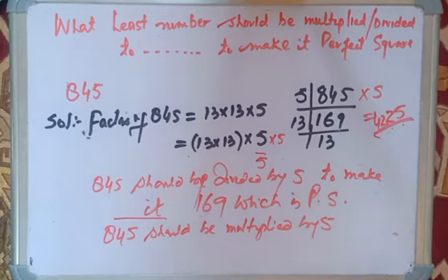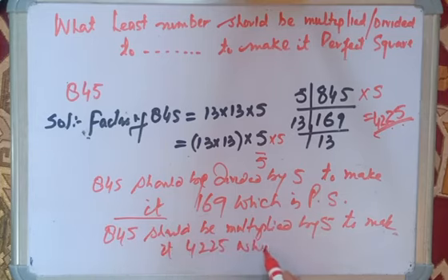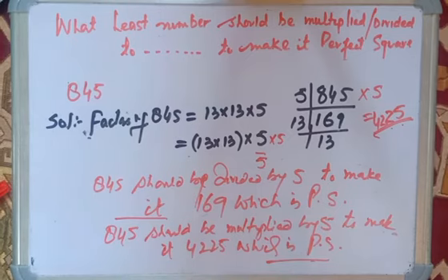It will become 4225, which is a perfect square, right? So this is how you can find out the least number that should be multiplied or divided to a given number to make that number a perfect square.